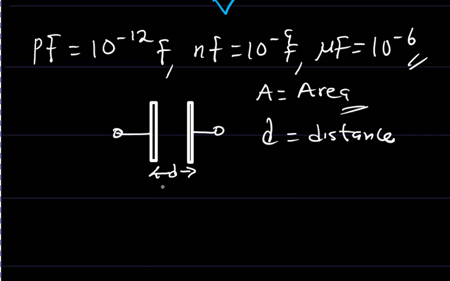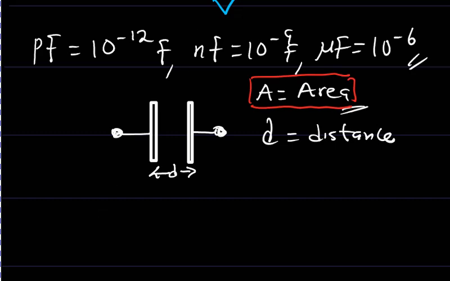Okay. So we want to derive the expression for the measurement of capacitance with respect to area, and of course the distance between the two parallel plates of the capacitor. Let's start.